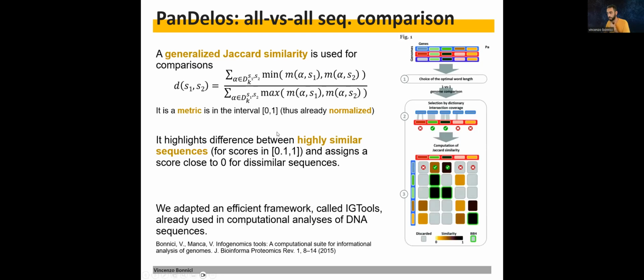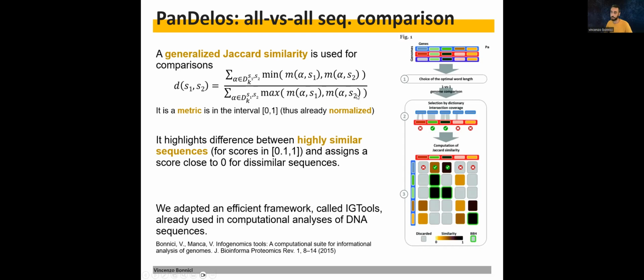The sequence homology, so the sequence similarity, is computed by means of a generalized Jaccard similarity. Given two sequences, for each k-mer that appears in one of the two sequences, we sum the minimum of the multiplicities, the number of occurrences of that k-mer within the sequences, as the numerator, and we sum the maximum of these multiplicities at the denominator.